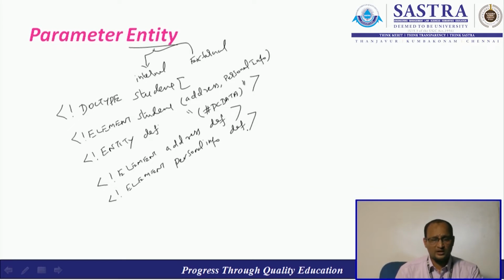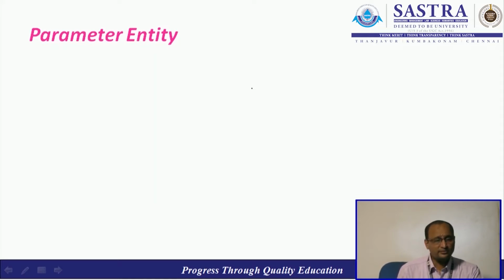This is one way of using internal parameter entity. I can reuse this concept for defining so many elements. This is what internal parameter entity is. We have achieved reusability. Let us have external parameter entity.